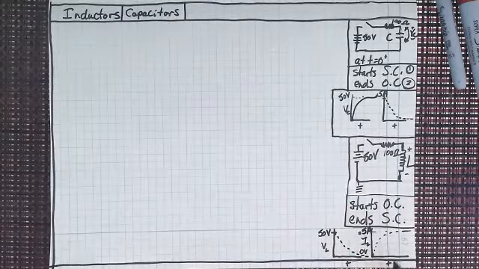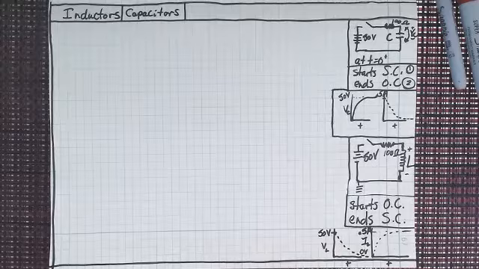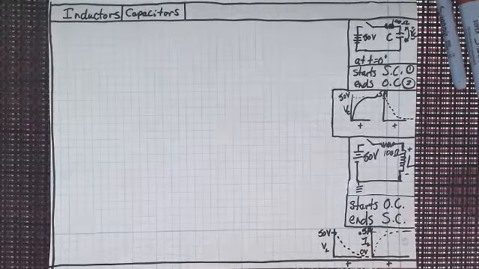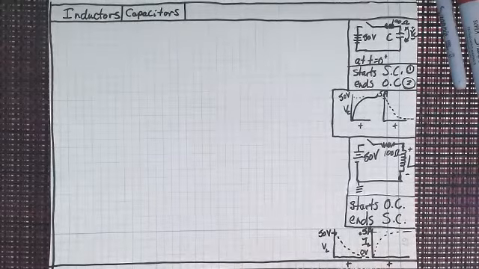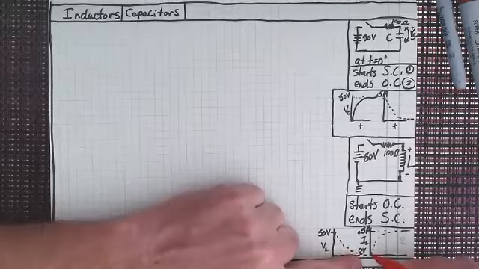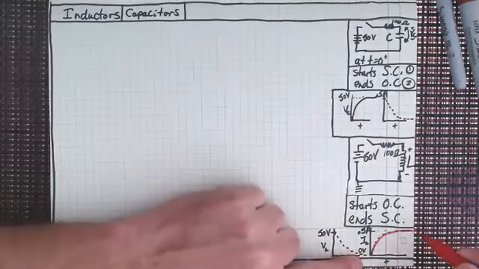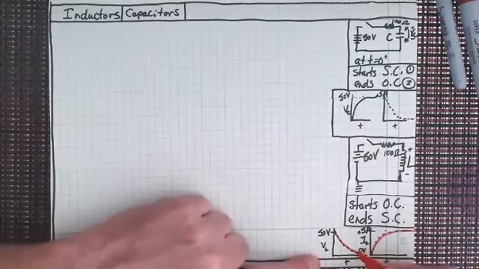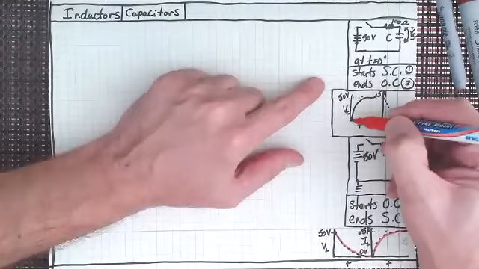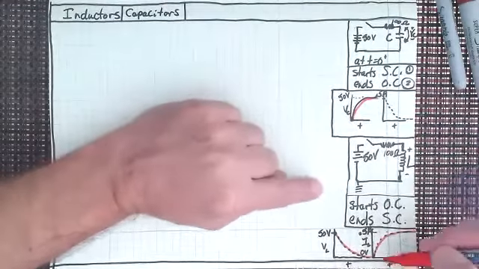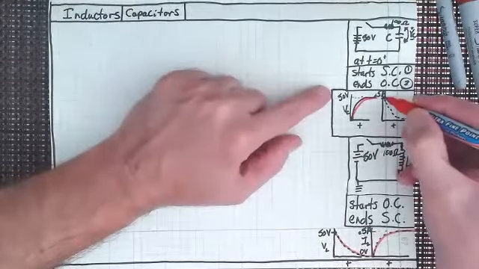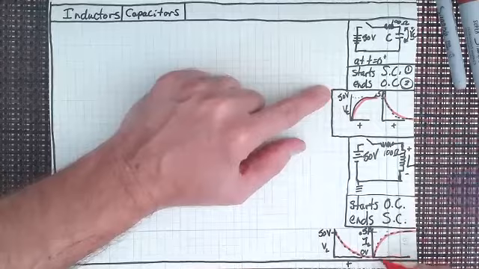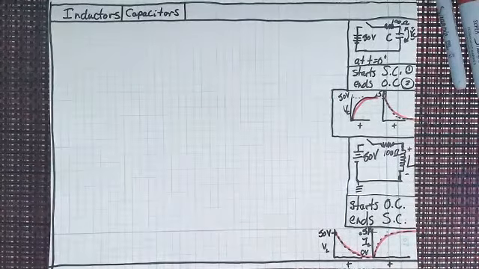So you can see that the two graphs of voltage per unit time and current per unit time are exactly the opposite for an inductor as they are for a capacitor. Voltage goes down like this, current goes up like this. So that's what you've got to realize.